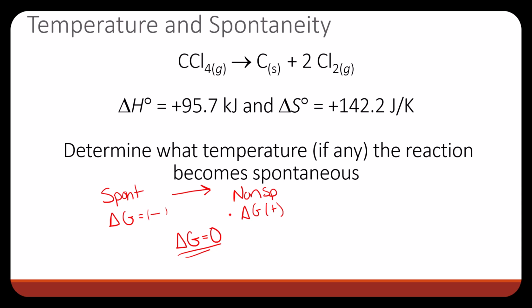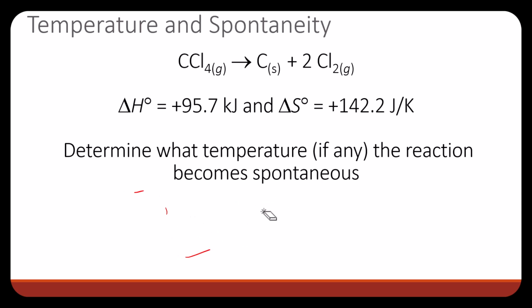So in this scenario, determine what temperature this reaction becomes spontaneous. We would say, well, at this temperature, delta G is 0. Below or above, that's when it becomes spontaneous. So let's take a look at that equation and see what this is going to look like.